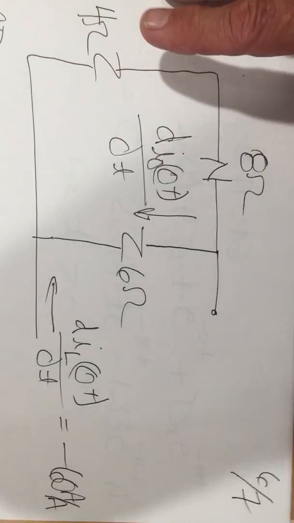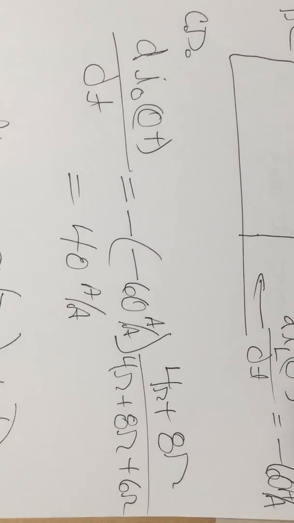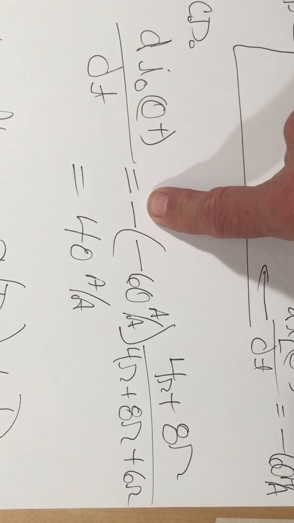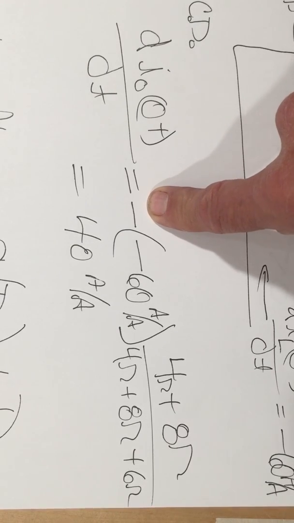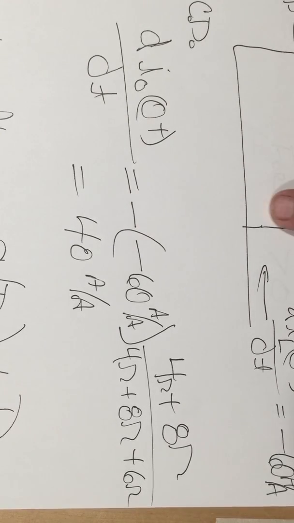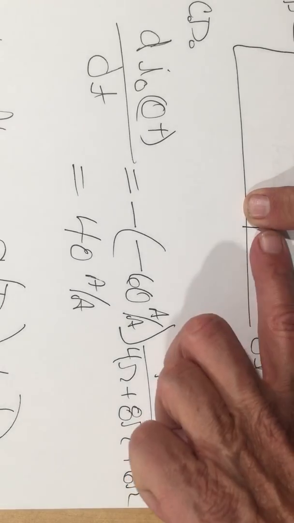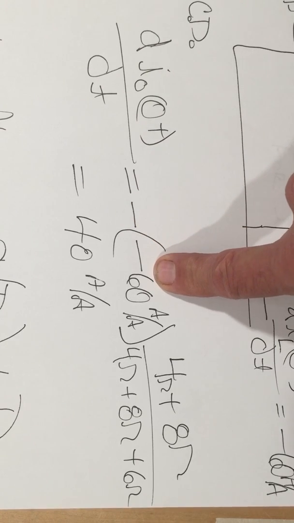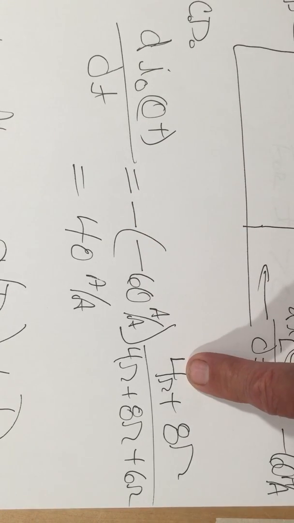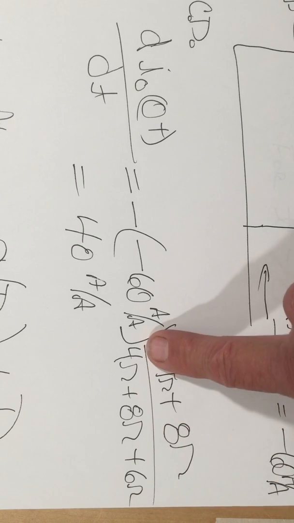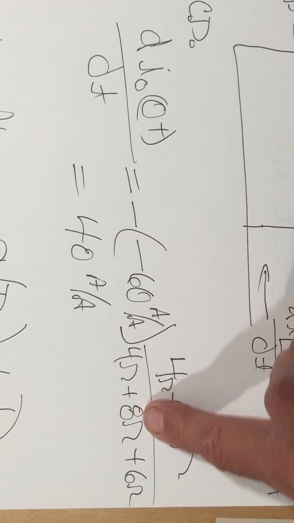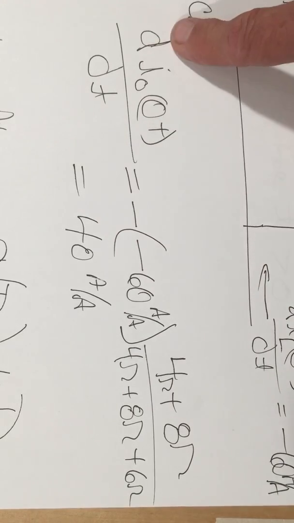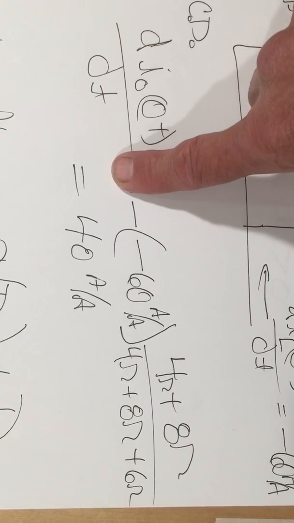So dIO(0+)/dt equals minus, because I'm going in the opposite direction, I'm going down this way and my current's going in this way, the minus 60 amps per amp times the one I don't want, which is 4 ohms over 8 ohms, divided by 4 ohms plus 8 ohms plus 6 ohms. And I get plus 40 amps per amp as dIO(0+)/dt.